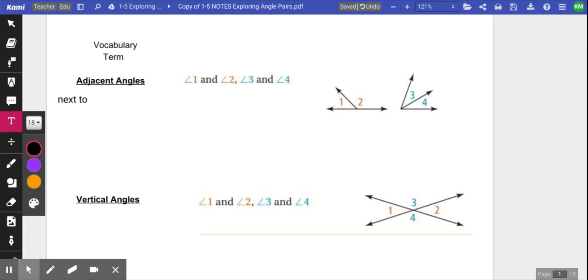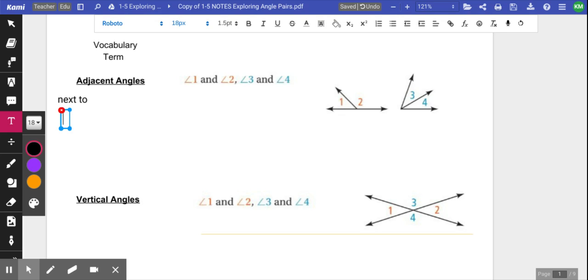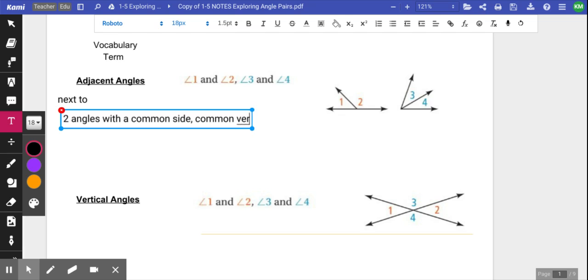But by definition, we are talking about 2 angles with a common side, as well as a common vertex, and no common interior points.